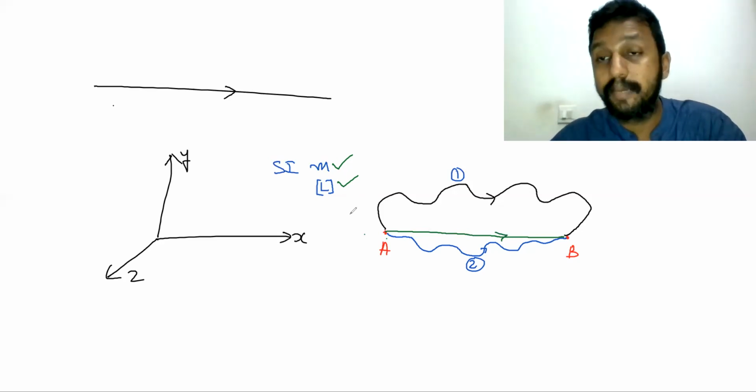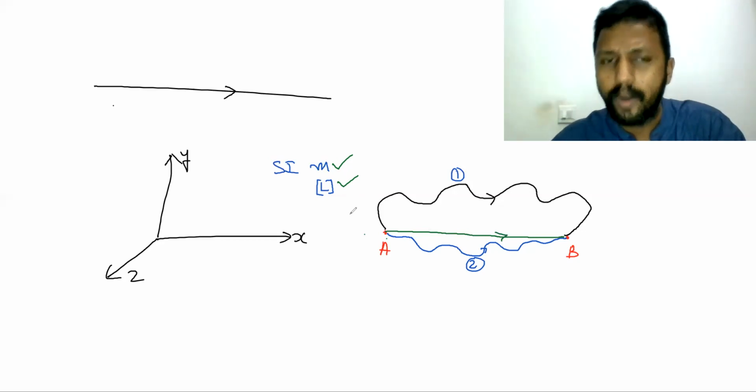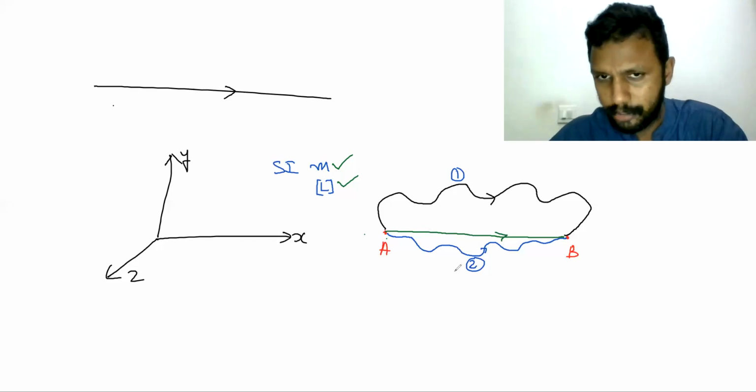Their SI units and dimensional formulas are same, but that doesn't mean that the two physical quantities are same. They are two entirely different physical quantities. One is a scalar quantity and another one is a vector quantity. Which is a scalar quantity? Distance is a scalar quantity. Displacement is a vector quantity since it has both magnitude and direction.